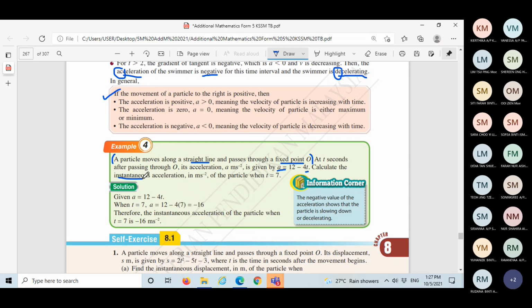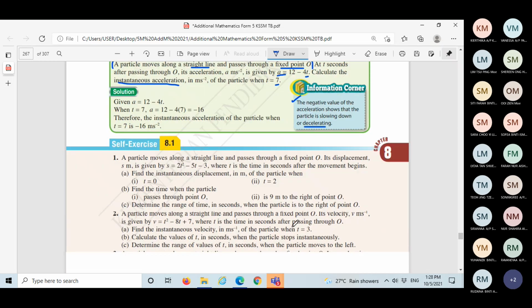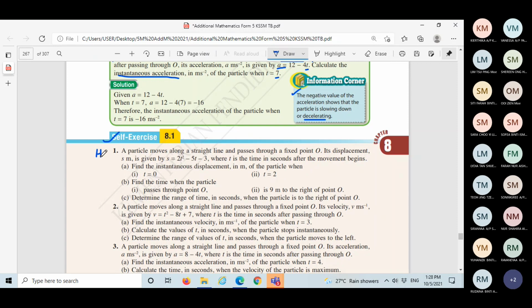Calculate the instantaneous acceleration of the particle when t is 7. Just replace the t with 7 here. The answer is negative 16. The negative value of the acceleration shows that the particle is slowing down, or decelerating. This one you do as homework.